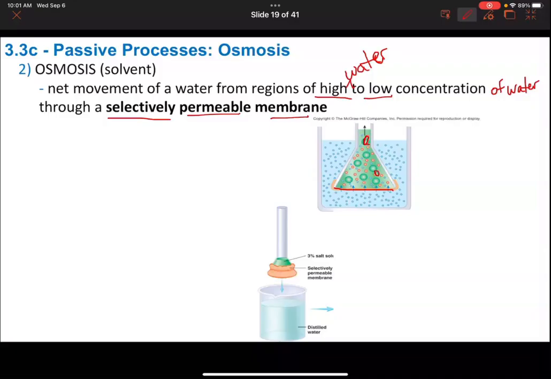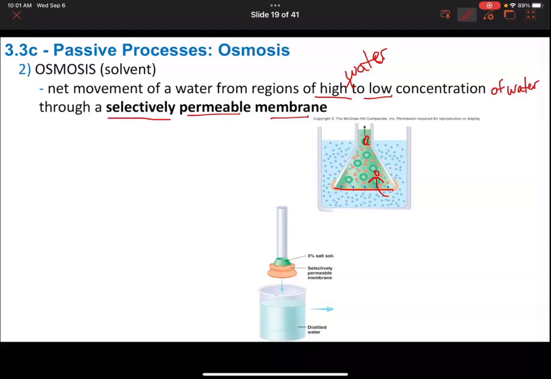So there's a high concentration of these molecules in this flask, and you place this in a beaker of water. Water can go through the membrane, not allowing the solutes out, but allowing the solvent in. The water can go in, but those cannot go out.